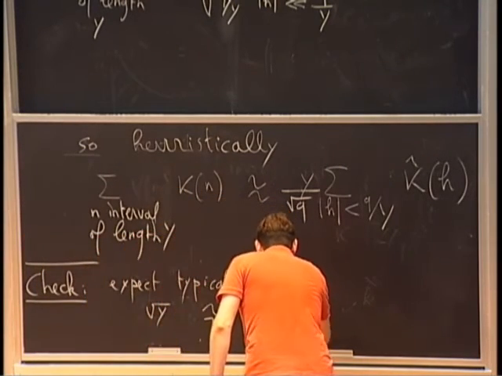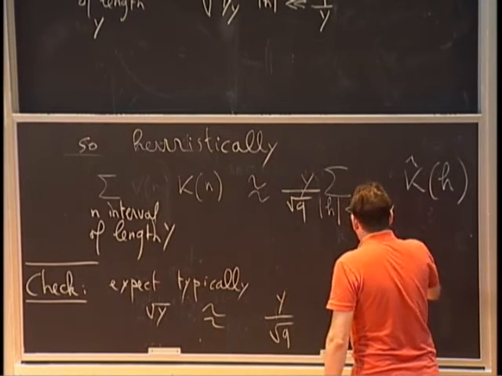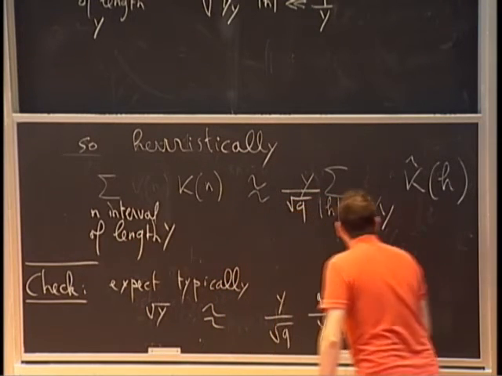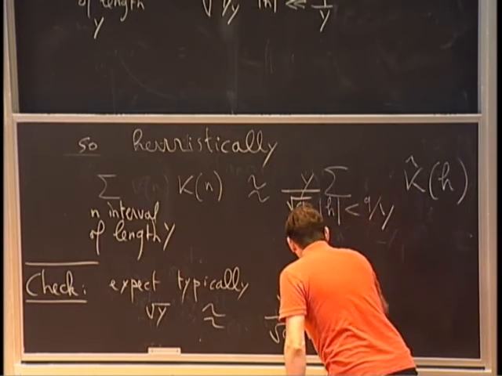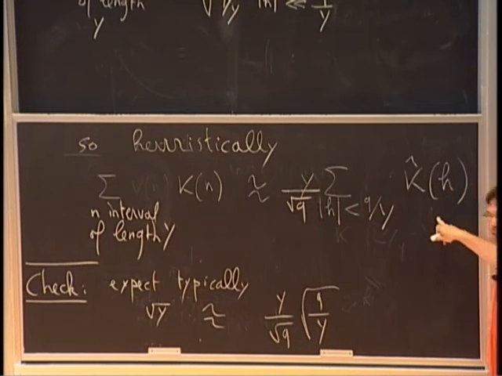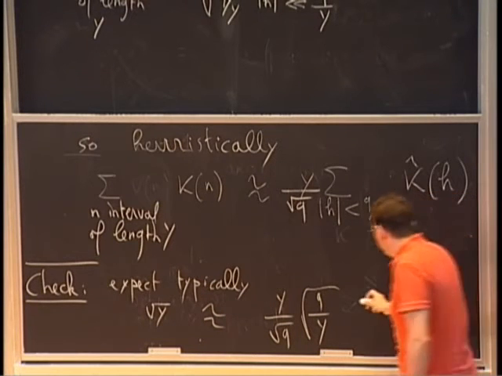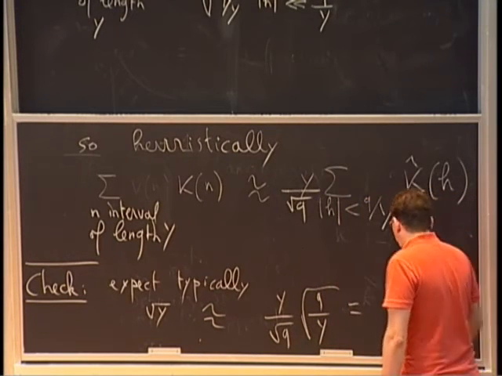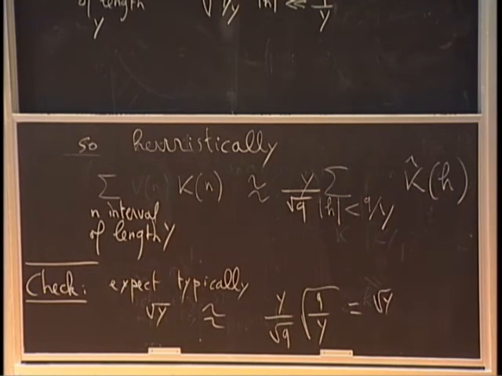And here we would get y over square root of q times q over y times square root of q over y. So this is a constant. Here again, we assume that typically the Fourier transform will have the same kind of square root cancellation properties. And so let's see if this fits. Okay.